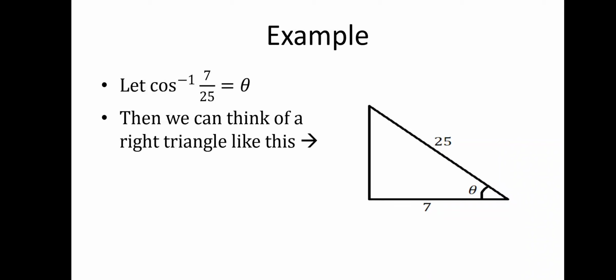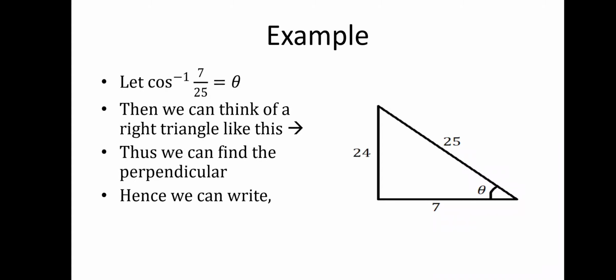This is exactly how you used to do when you started doing the basics of trigonometry, when you were asked to find the value of cos theta, tan theta, when the value of sin theta was given. So similarly, here if cos inverse 7 by 25 is theta, then once I have considered the triangle, I can find the perpendicular. The perpendicular is 24. Do your Pythagoras theorem, you will find it.